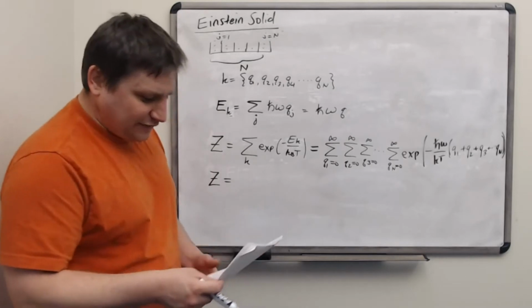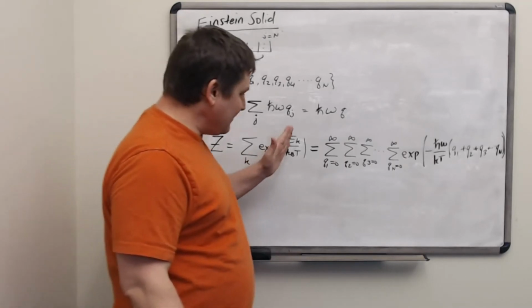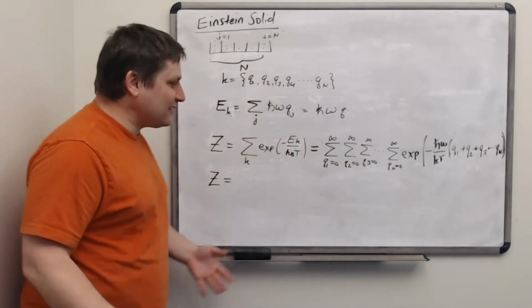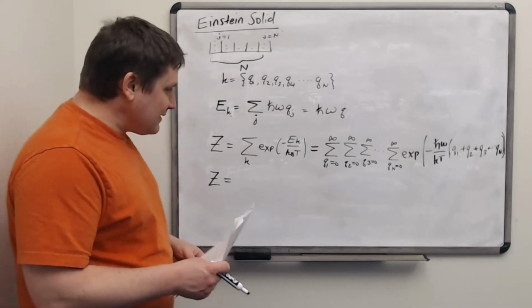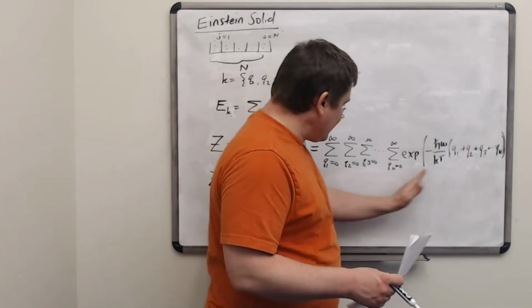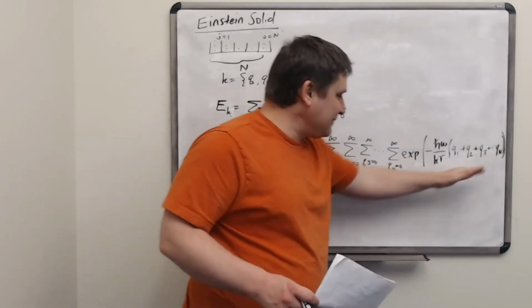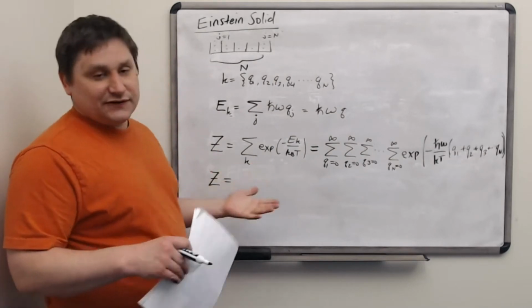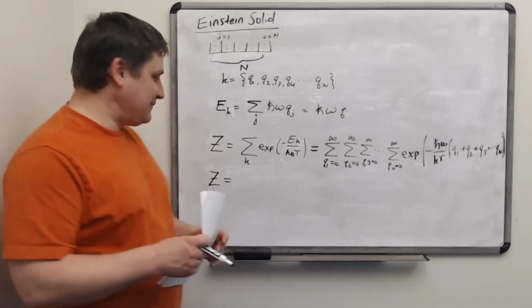Okay, so the first time you see this thing, you might think, oh gosh, we've got 10 to the 23rd sums to do. How can we possibly ever simplify this? Well, just settle down and take a look at what's in the exponential here. It's just a linear sum of q values. And one of the rules of exponentials is the exponential of a sum is equal to the product of exponentials.